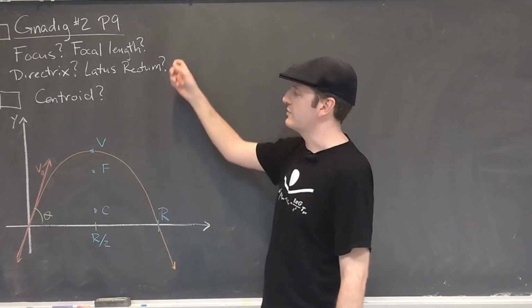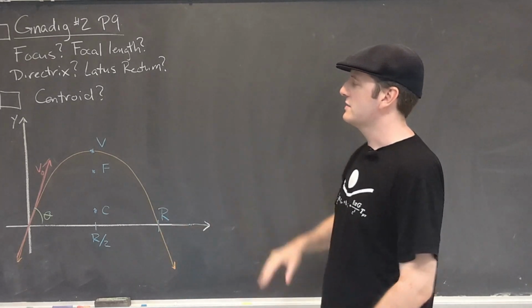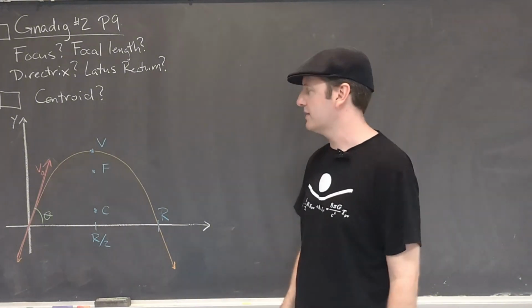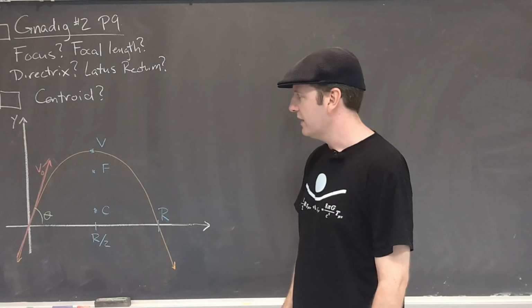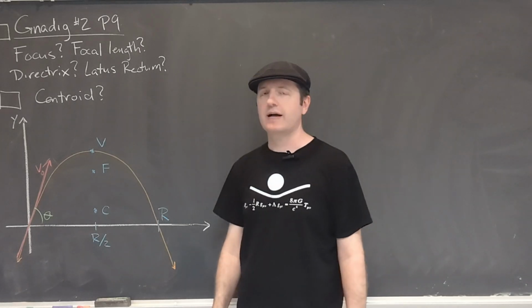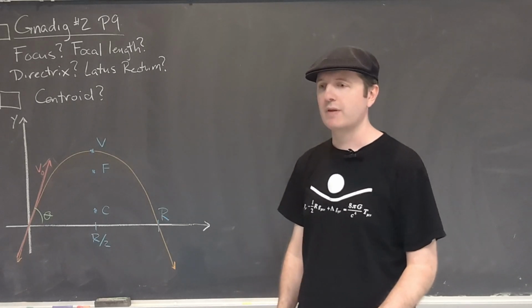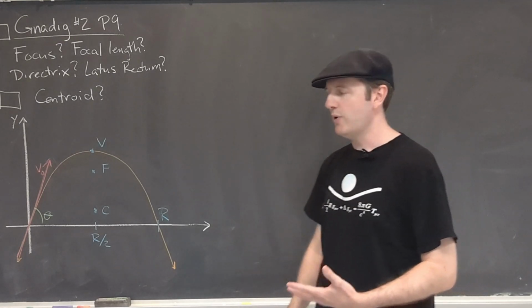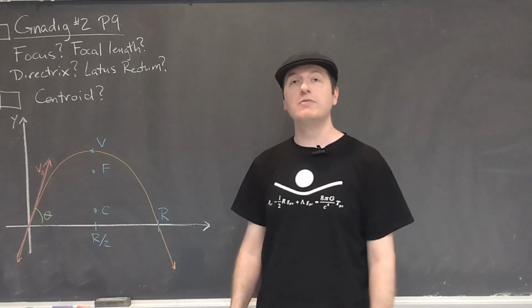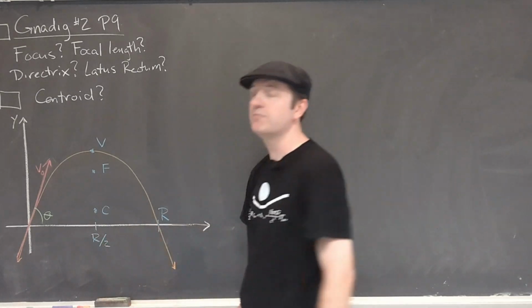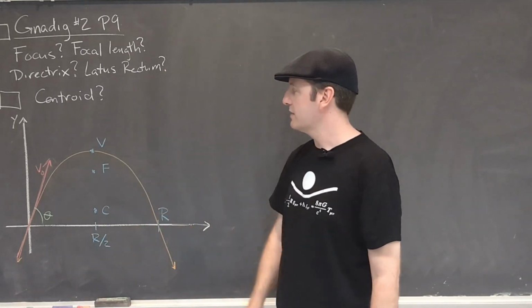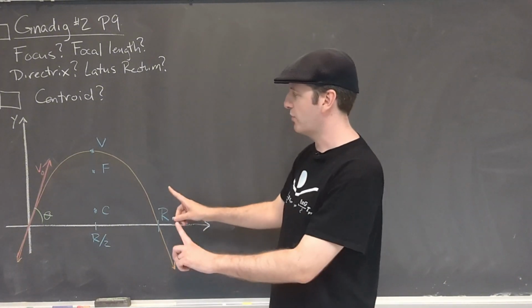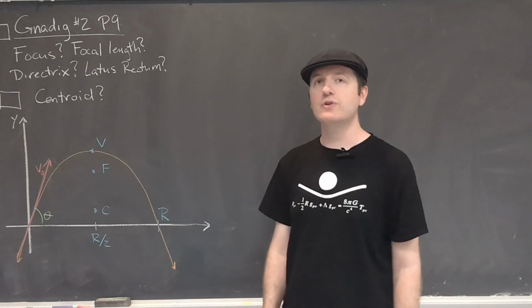So let's start with this first question. To analyze this problem, let's draw a few additional lines or segments onto our diagram using some of the geometrical facts that are known about parabolas. And one of the most important things that's known about parabolas is that if you have incoming, say, rays of light coming in from the bottom, parallel to the symmetry axis of the parabola, they will reflect off of the parabola directly into the focus.